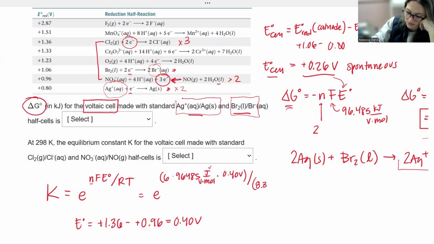So that's 8.314 joules per mole Kelvin. And I'm doing this at 298 Kelvin. This problem has some tricky conceptual parts, but maybe the biggest challenge is just making sure you don't make a calculator error. Which I just did.